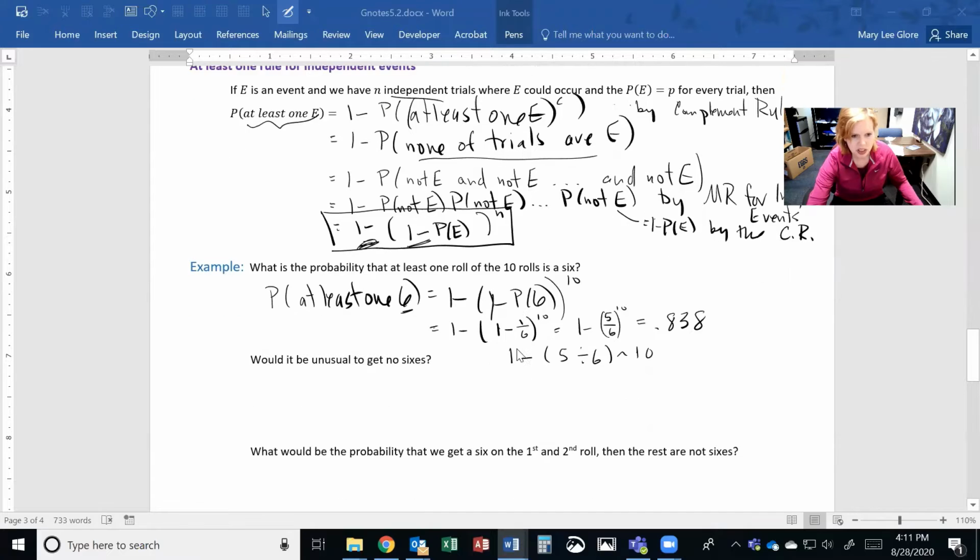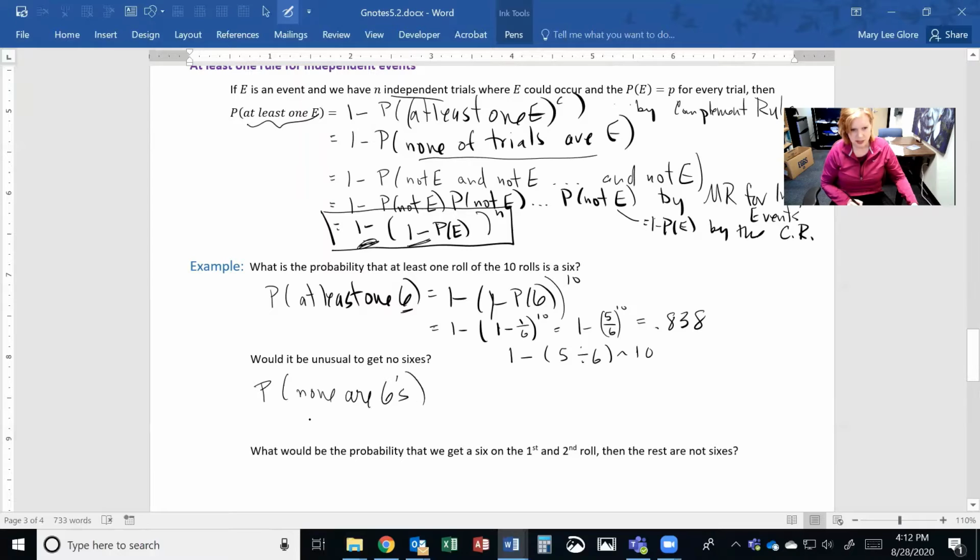Would it be unusual to get no 6s? Now this is an interesting question, given none are 6s. All right, so here is something we were just talking about. We had a complement for this. Well, this is 1 minus the probability of the complement of that guy.